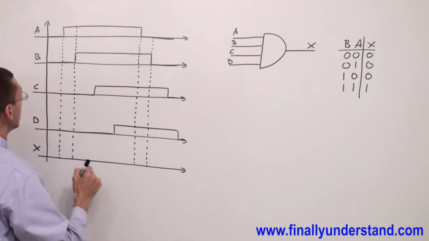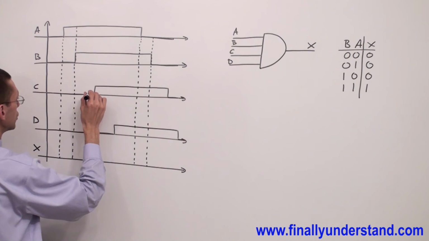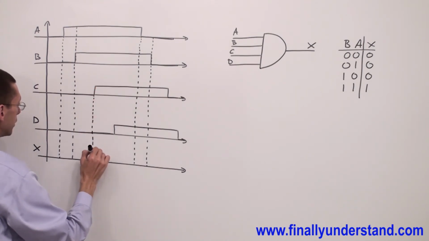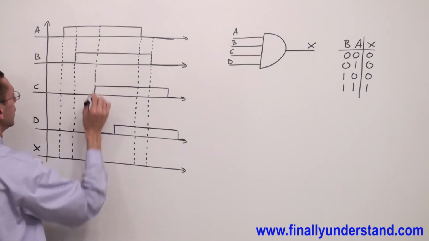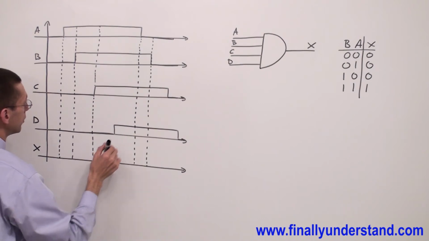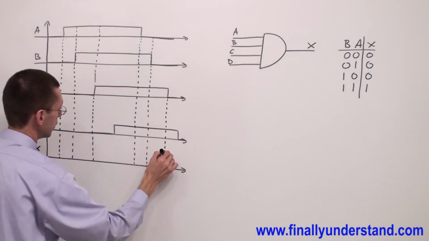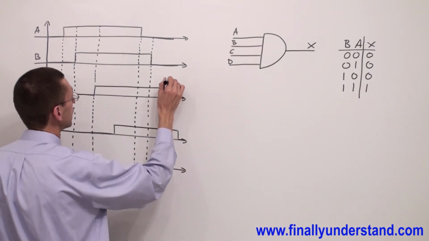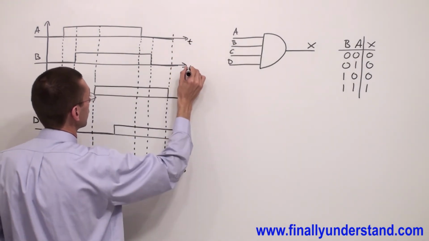Now if you look at waveform C, we have a transition from 0 to 1 at this time, and we also have a transition over here from 1 to 0 at this time. Of course, the x-axis represents the time.